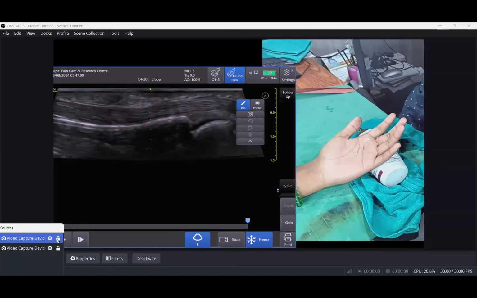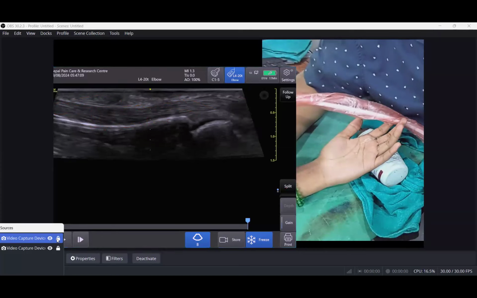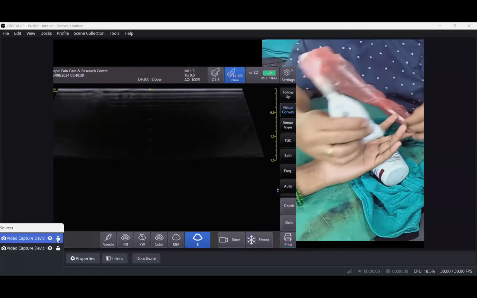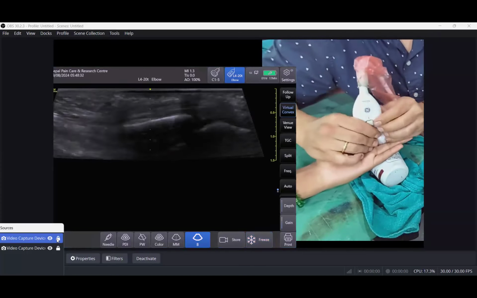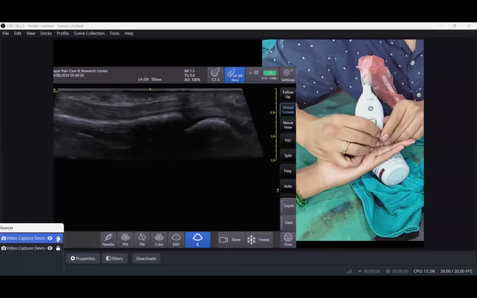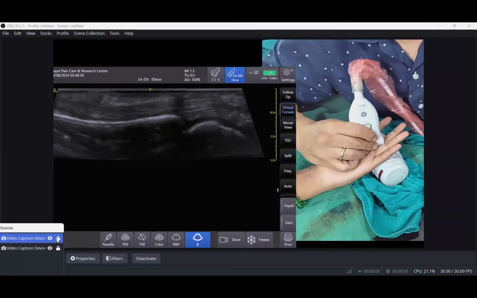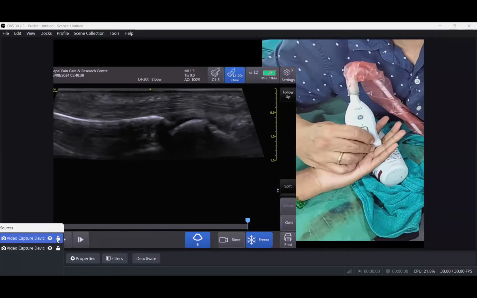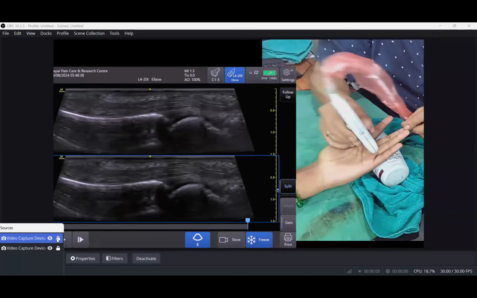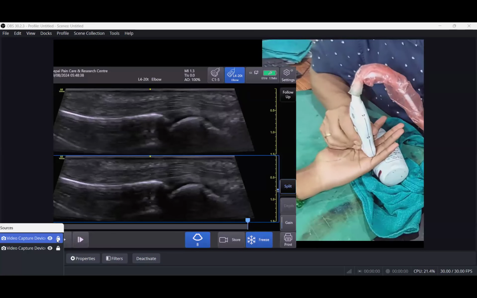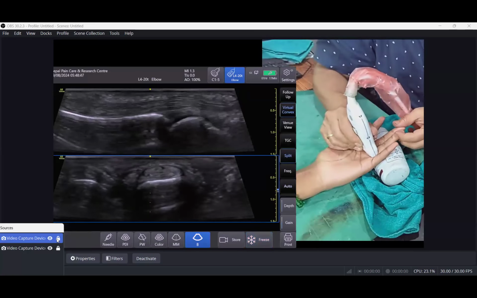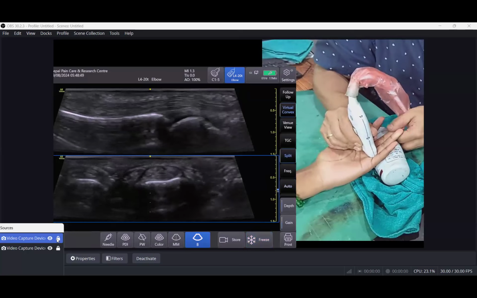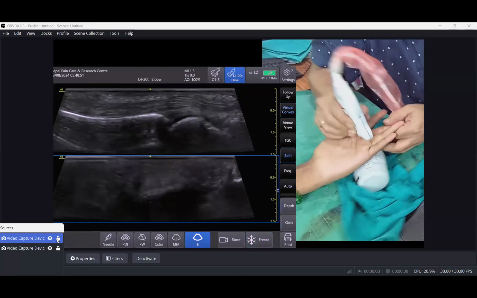Okay, so this is the long axis view, and this is the short axis view of the pulley. Okay, I'm putting my probe.